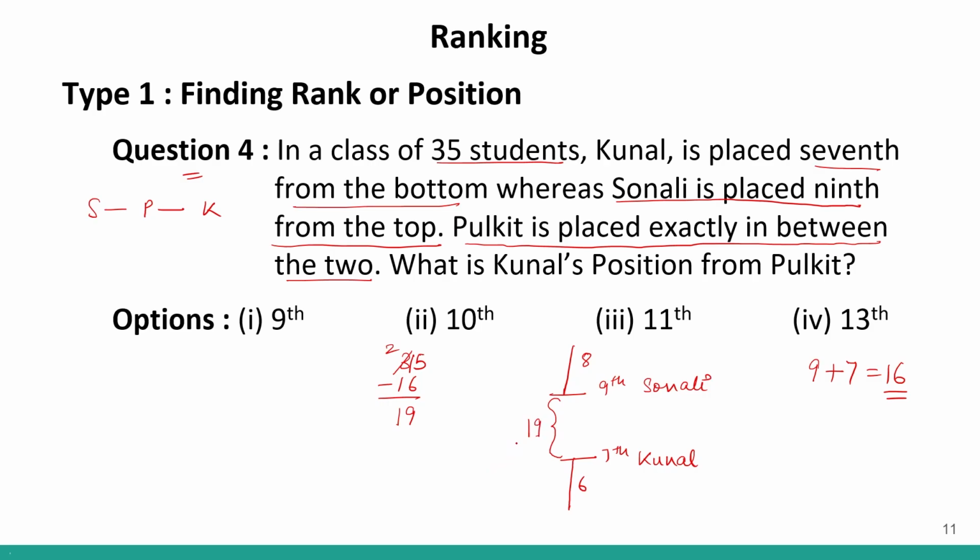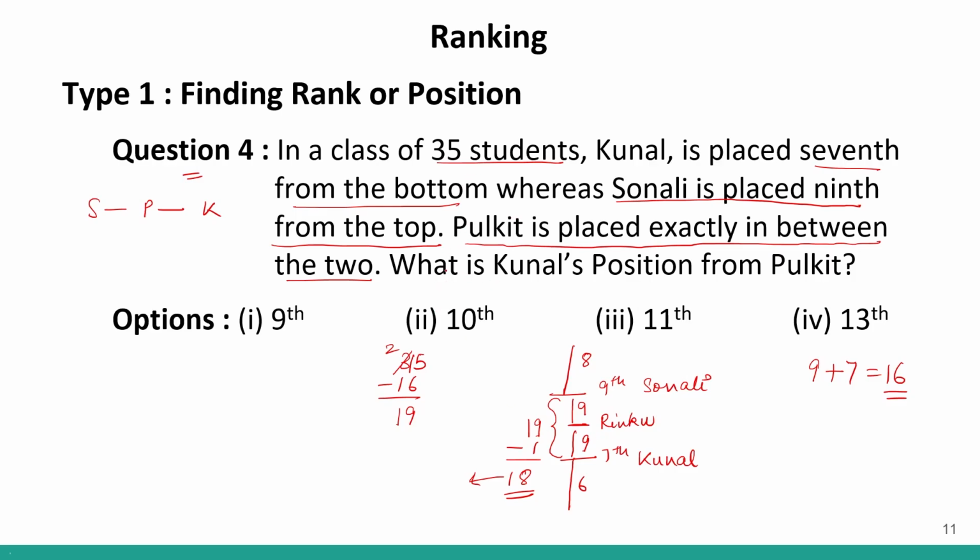Out of those 19 people, there is one in the middle called Rinku. So 19 minus 1, basically that means we have 18 people. Now 18 people will be divided into 2, because between Sonali and the middle person, and between the middle person and Kunal, we have the same number of people. So here also we'll have 9 people and here also we'll have 9 people. Now, what does the question ask?